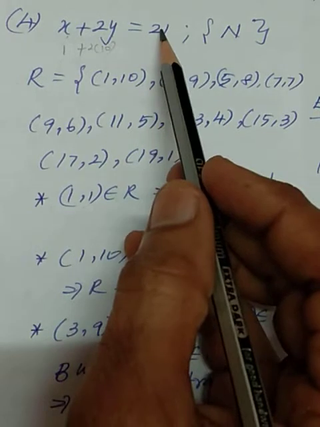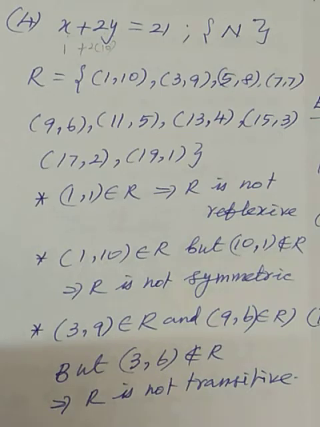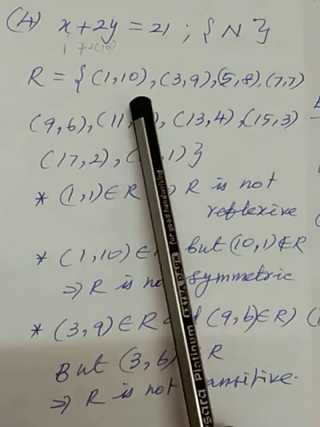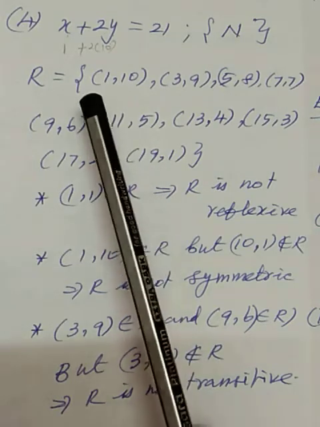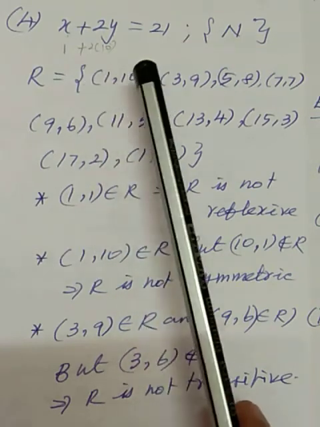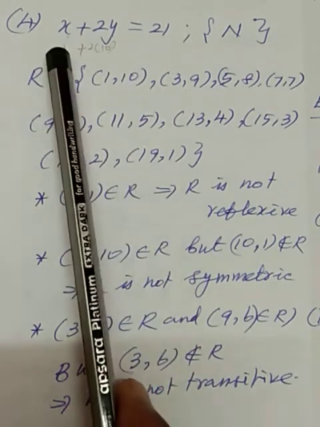So 2y equals 19, y equals 19 by 2, 9.5. Sorry, y equals 9.5. But 9.5 is not a natural number, so it is not possible to give x equal to 2.